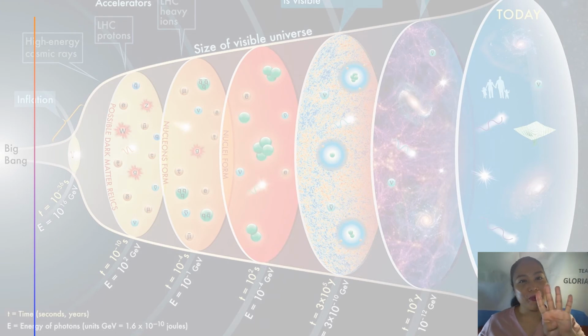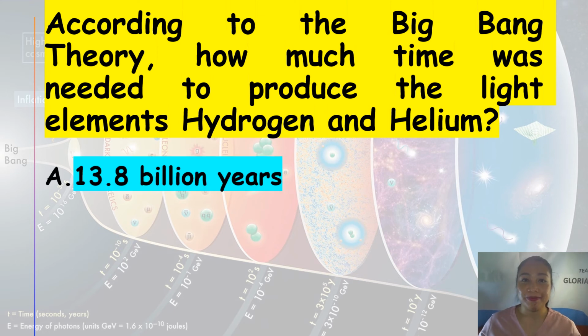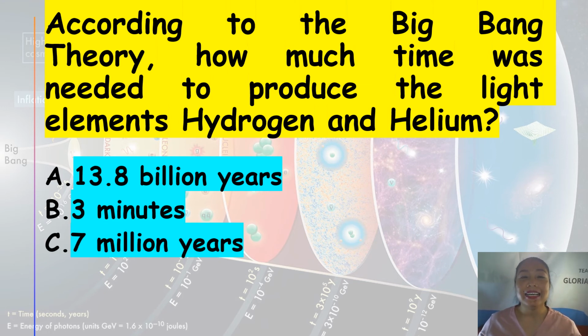Question number 4. According to the Big Bang theory, how much time was needed to produce the light elements hydrogen and helium? A. 13.8 billion years. B. 3 minutes. C. 7 million years. D. 5 hours.